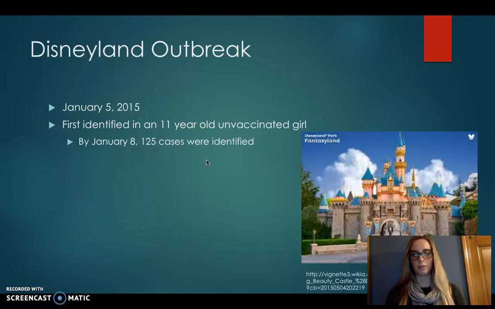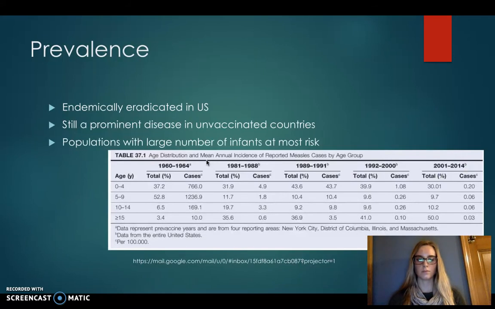The majority of these people were unvaccinated, or they had only had one of the measles vaccines, where it's typically shown that having the first vaccine and second vaccine will cause a greater immunity to the virus.